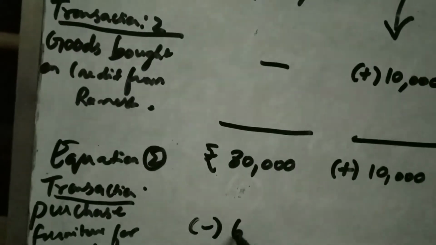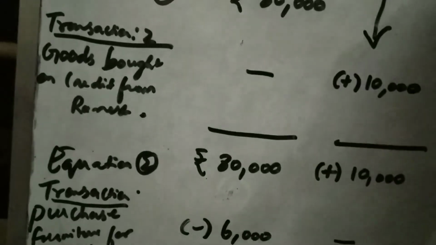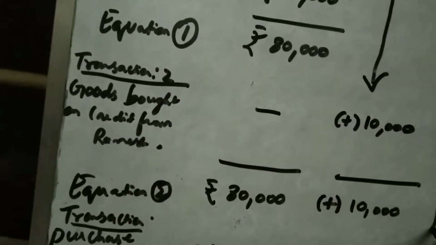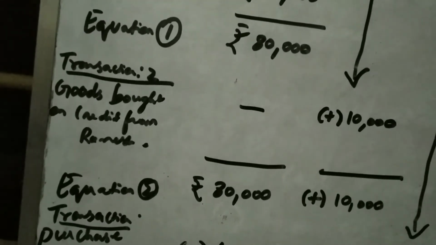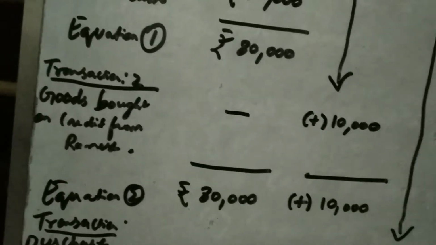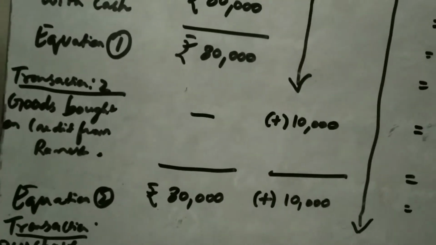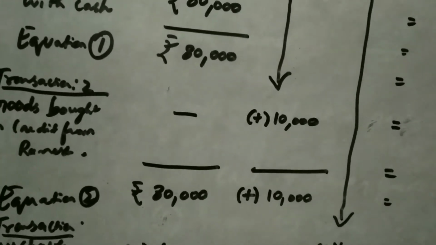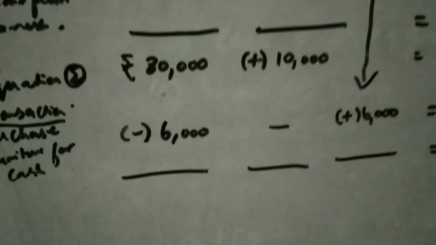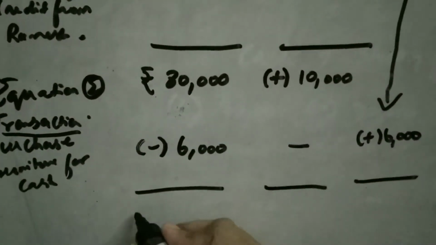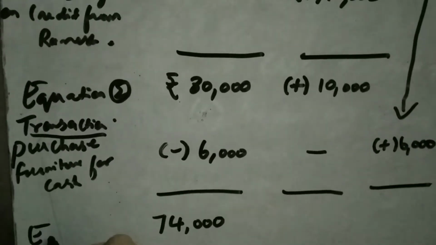You have to deduct. There is no change with the stock, you put a dash. And there is an increase in the furniture. Add 6,000 here. There is no change and there is no change. Now bring down the balance. After every transaction we have to bring down the balance. 80,000 minus 6,000, 74,000. This is our equation 3.